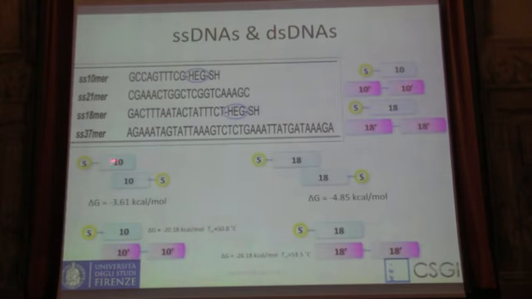Then you can attach thiolated sequences, and in this case we work with a single strand 10 mer or 21 mer or 18 or 37 mer. So this is what we call staple, and these are the sequences that can be complementary.